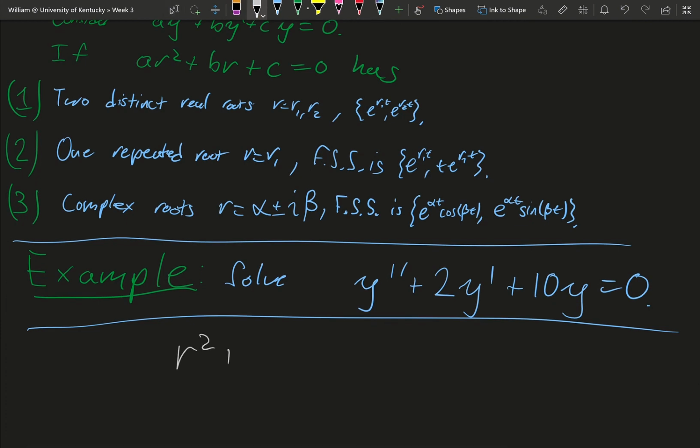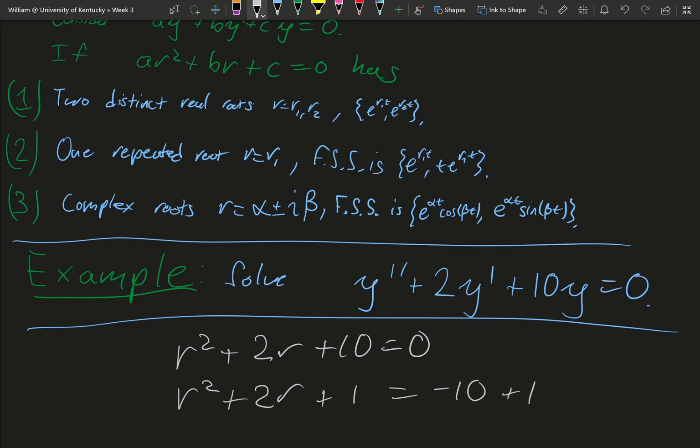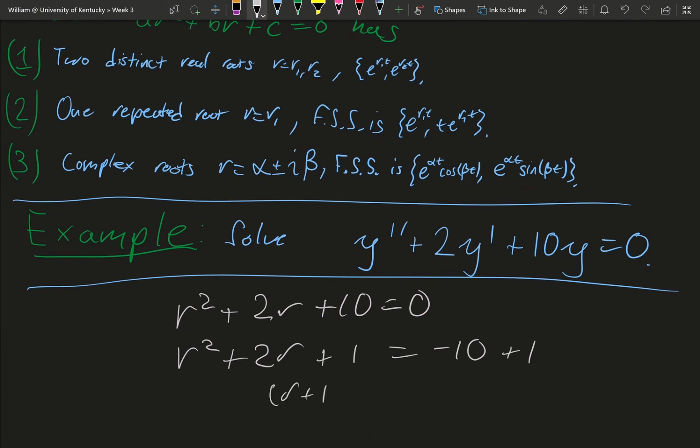So r squared plus 2r plus 10 equals 0. Again, I'll complete the square. r squared plus 2r equals negative 10, and then we need to add a 1 to both sides. So we get (r plus 1) squared equals negative 9, and r equals negative 1 plus or minus 3i.